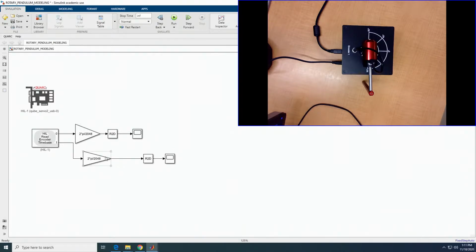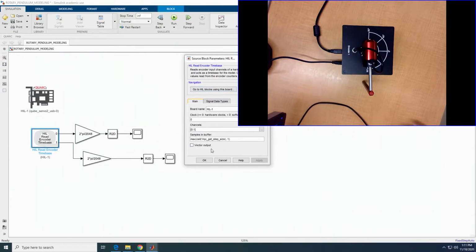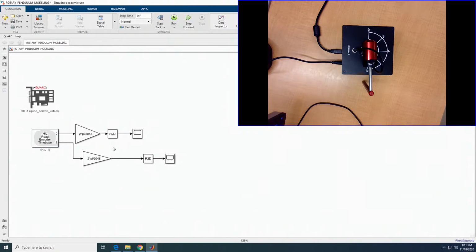So this block diagram basically does that. The only new additions to this block diagram is first that we're using 2 output channels by changing the value of the channels tab in the settings of the HIL read encoder time-based block, and that we're using a radians to degrees converter.